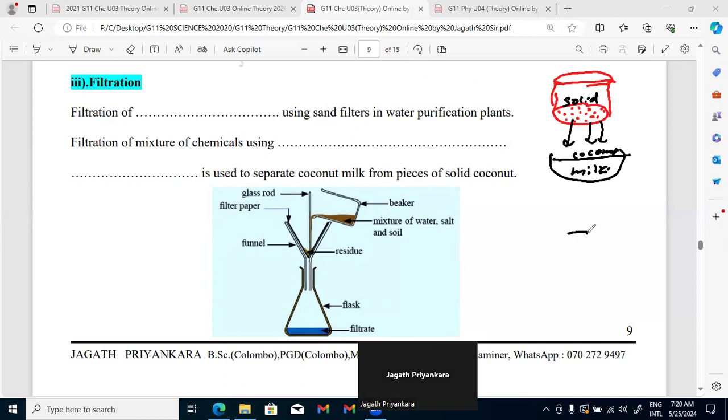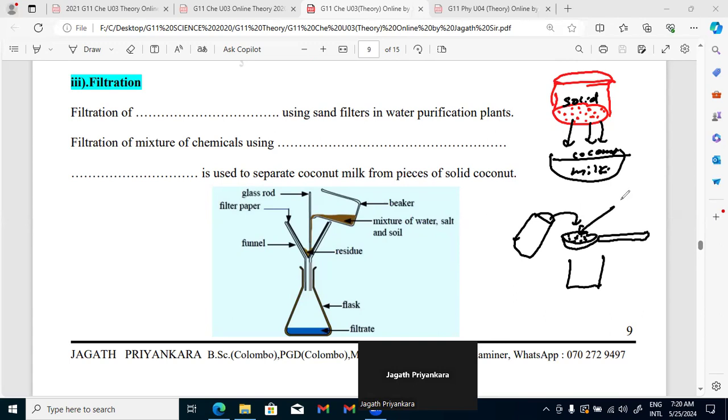Sometimes we use a similar one, like in Sinhala we call it tegot, to pour into a cup. So if you have tea leaves, you can transfer them.